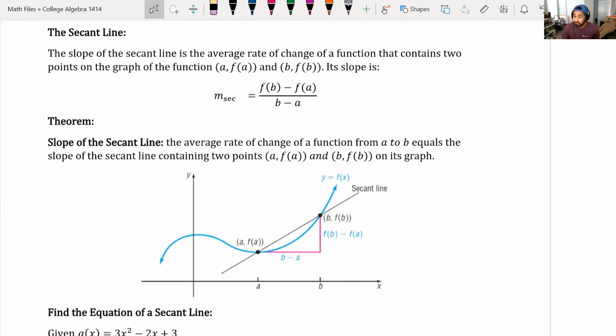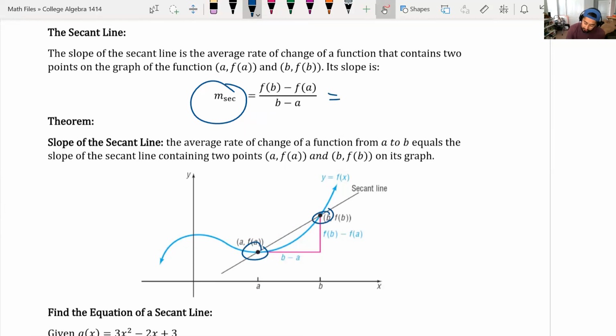It just so happens that on the last page, we were finding the slope between 2 points, which is known as the average rate of change, right? If you want to find the slope between 2 points, that's known as the average rate of change, which can also be known as the slope of the secant line, because our next example is going to say find the slope of that secant line.